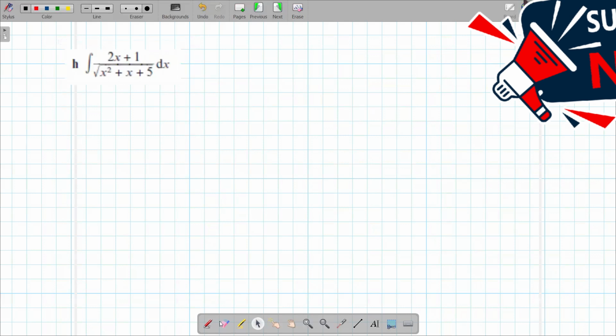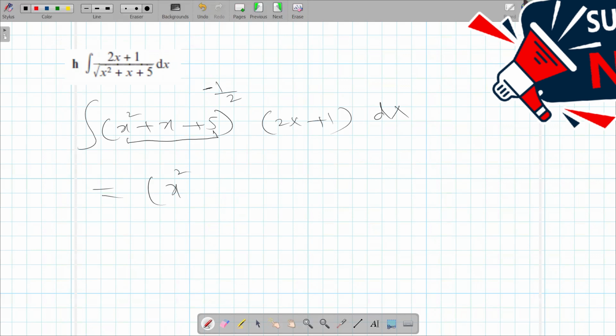How does it look complicated? Just take the root in the numerator. It will be x squared plus x plus 5, to the power negative 1 over 2. And the derivative is just, oh yeah, we don't have to do anything. Add 1 to the power: negative 1 over 2 plus 1, divided by negative 1 over 2 plus 1.